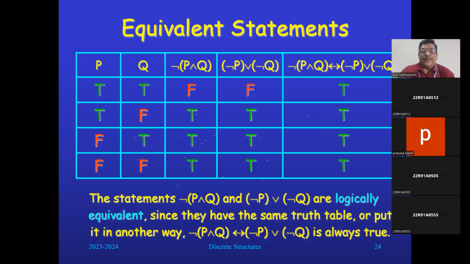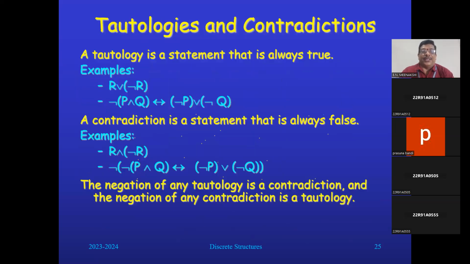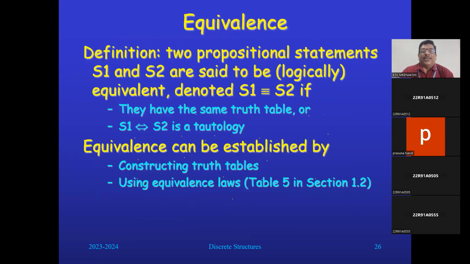Then what is meant by equivalent statements? Two propositional statements S1 and S2 are said to be logically equivalent, S1 equivalent to S2, if they have the same truth table, or S1 double implication S2 is a tautology.